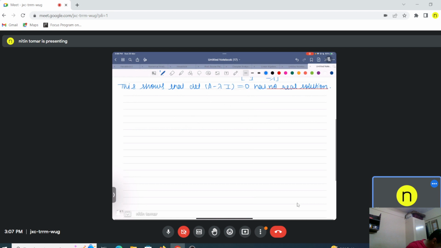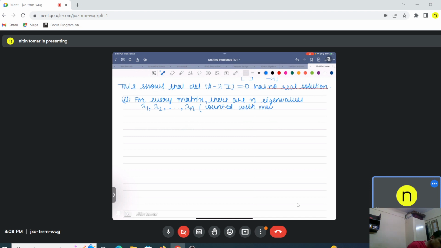Second remark, for every n cross n matrix there are n eigenvalues lambda 1, lambda 2 up to lambda n counted with multiplicity.